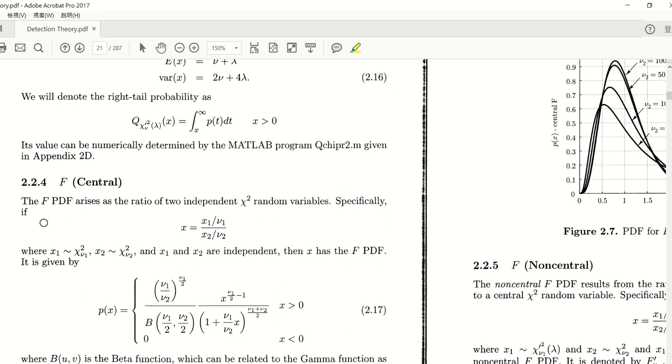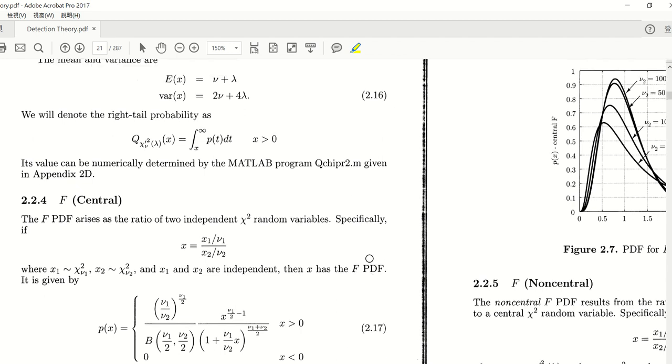Specifically, x is equal to x1 divided by its degree of freedom v1, and then the whole thing divided by x2 divided by its degree of freedom v2, where x1 is chi-square distributed, x2 is chi-square distributed, x1 and x2 are independent, and x has the F PDF.